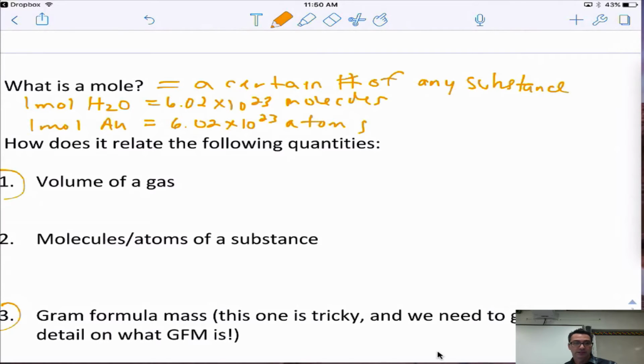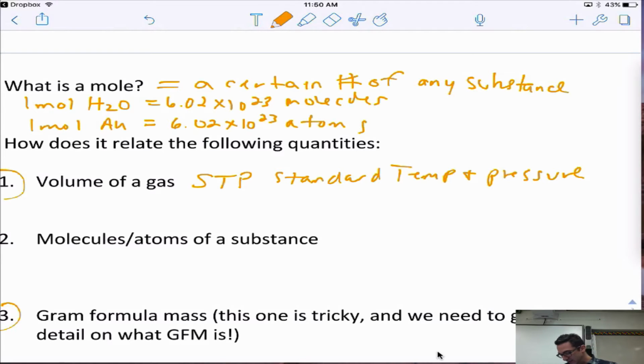So when I look at this and I say, all right, well, how do I go about doing this? So volume of a gas. There's a special condition that we'll always mention, and it is called STP, standard temperature and pressure. So if you picture yourself on a cold, sunny day at Tappan Beach, that is STP pretty much.